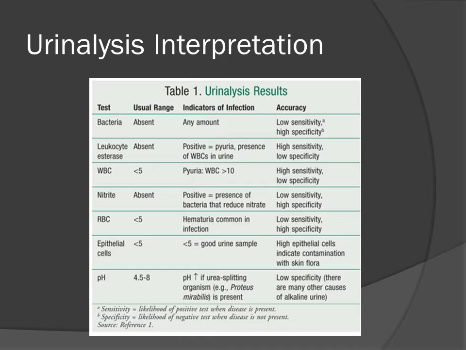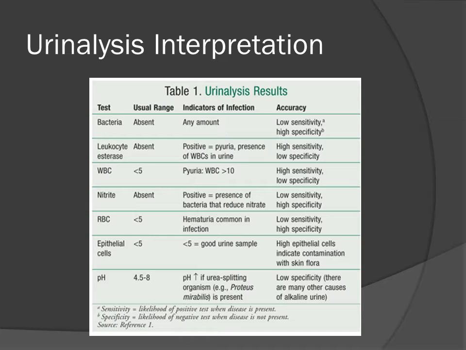So this is a nice summary table that talks again about the different aspects of the urinalysis and the accuracy of each aspect in predicting the likelihood of a urinary tract infection. So it talks about sensitivity versus specificity. Sensitivity is the ability of a test to correctly identify those patients who have the illness, otherwise known as the true positive rate.